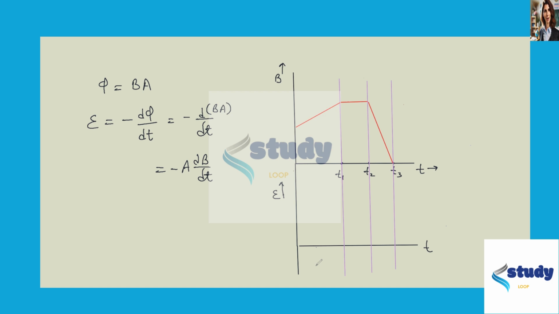So the slope is represented by the gradient of the magnetic field.